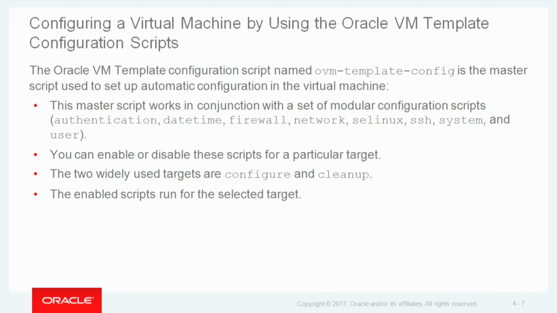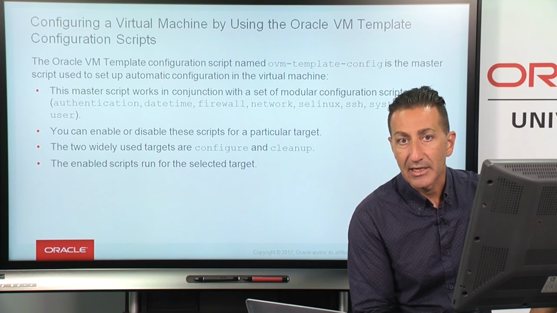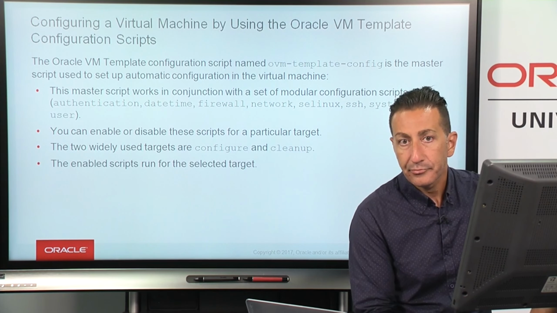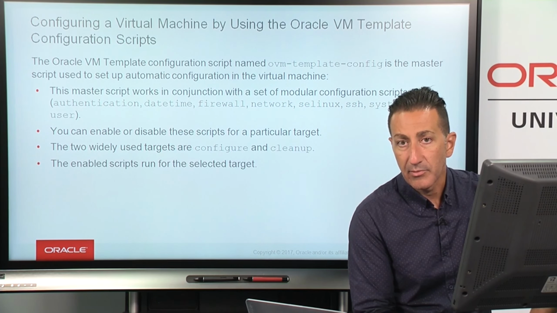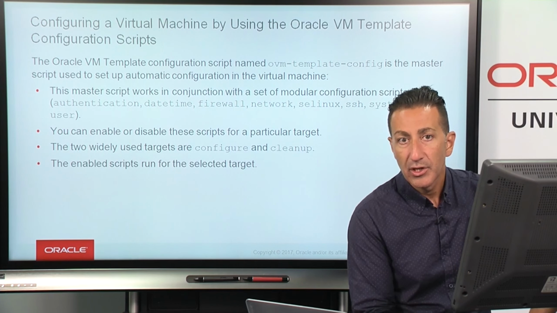Well, you could also invoke this OVM template configuration script manually, or you will see that, for example, in the first boot, it's invoked automatically. You can enable or disable these scripts for a particular target. Targets are something similar to the run levels in SysV infrastructure for starting up or shutting down the host in Unix Linux platforms. Well, there are two main targets being used, which are configure and cleanup.